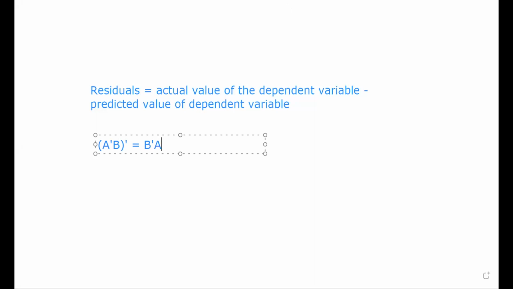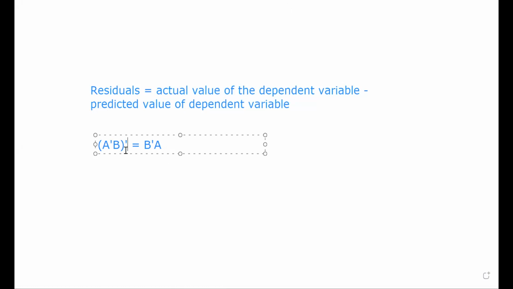If b is last, it becomes first, and a, which is first, becomes last. In the first term we have a prime, and we get another prime, so it becomes a without prime.